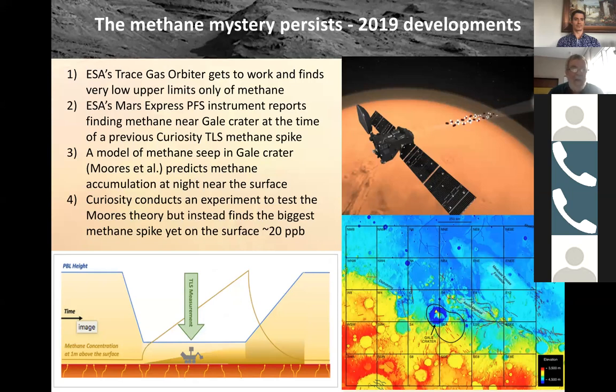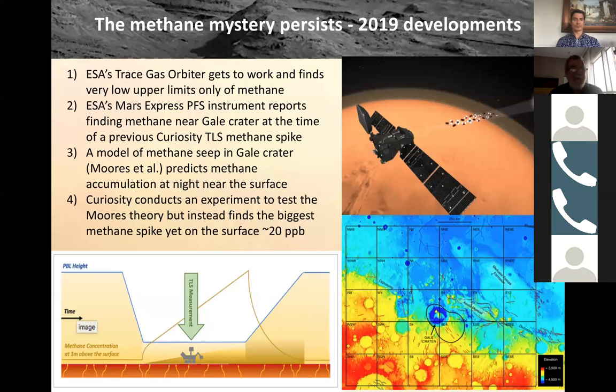For one thing, the Europeans have an orbiter called the Trace Gas Orbiter. It does this solar occultation experiment, where you can see on the right, you're looking at a star or at the sun, there's a very long path length, and they're looking for methane absorption. They didn't see any methane.